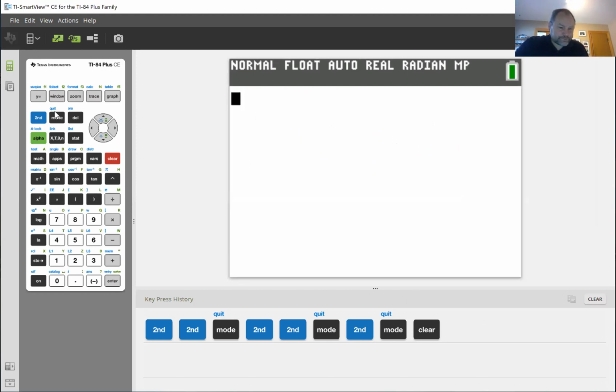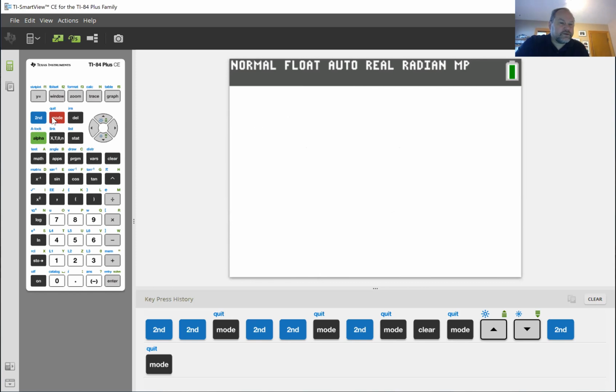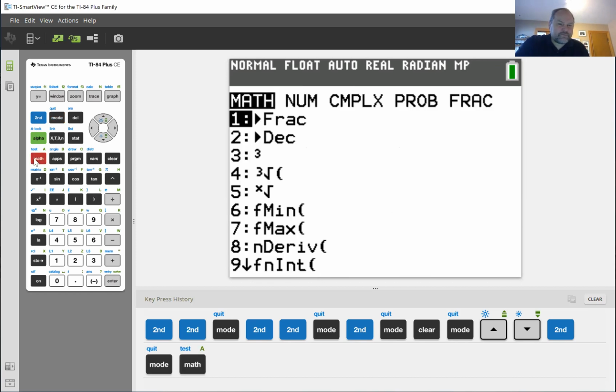What I would do is go to mode, excuse me, and make sure that math print is highlighted. That's going to be key. And if I go to the math menu, notice way down here, option 9, FN int.